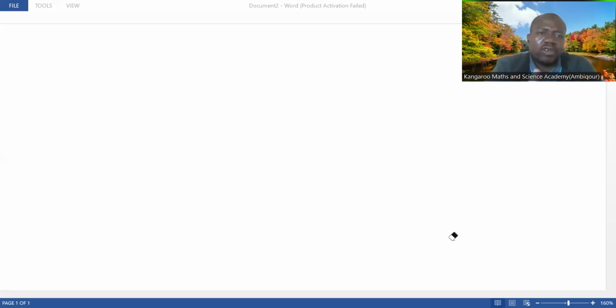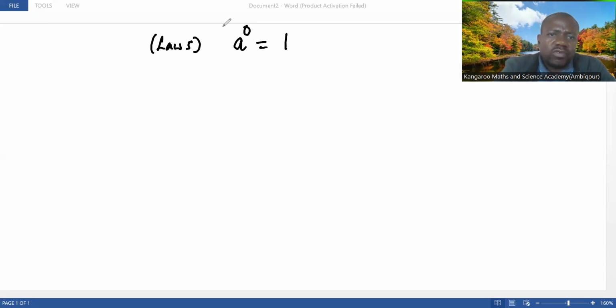Yet we know that the base shouldn't usually be 0, but we can also attest to that, because when we go to university, 0 to the power of 0 is something called indeterminate under differential calculus. So law number 5 says when we have a to the power of 0, the answer is always equal to 1.